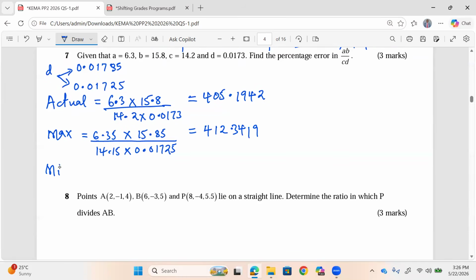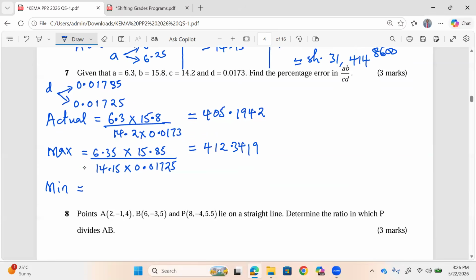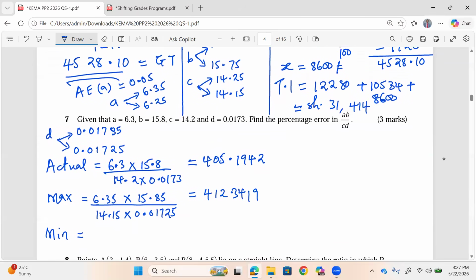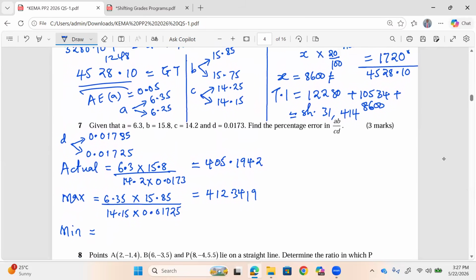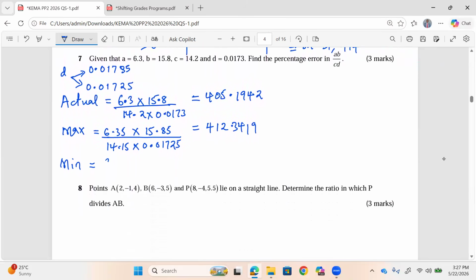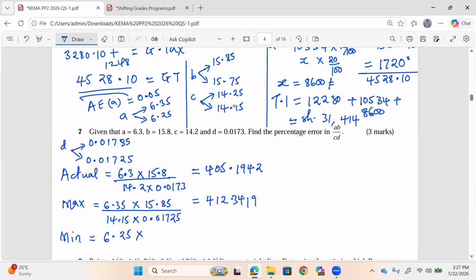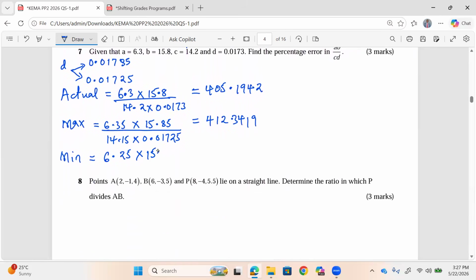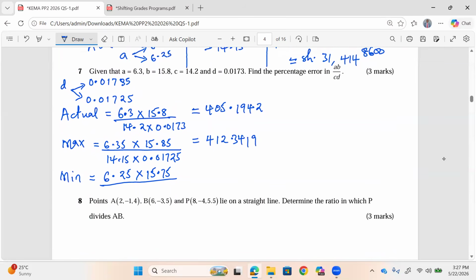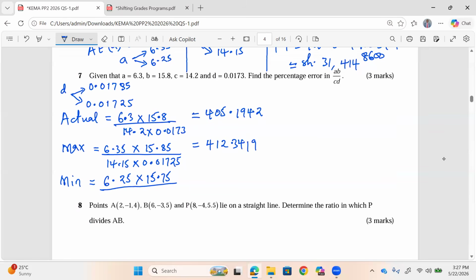Then the minimum quotient. The minimum quotient requires the minimum numerator. So AB minimum means 6.25 multiplied by B also minimum. B minimum is 15.75. For you to get the minimum quotient, you divide with the greatest divisor possible.